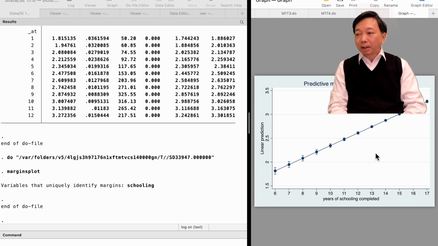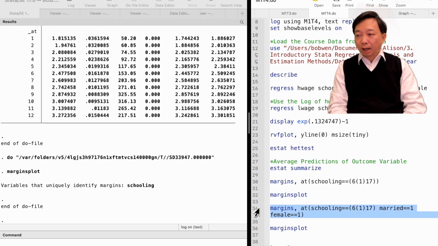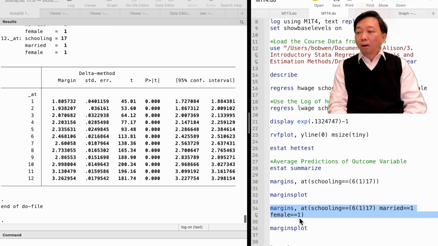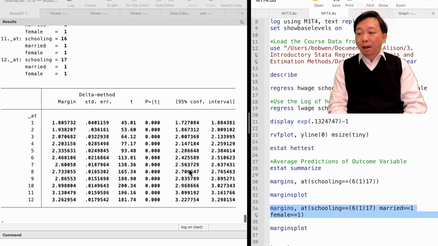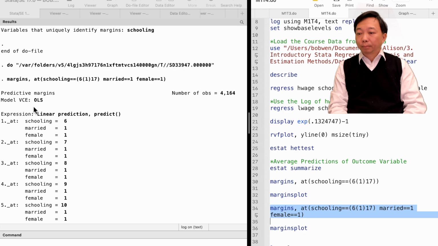We can also specify the predicted log hourly wage to be computed at certain values of the explanatory variables, such as for married female workers. We put married equals 1 and female equals 1 in the parentheses. Now, the log hourly wage predictions are for married female workers at each educational level.